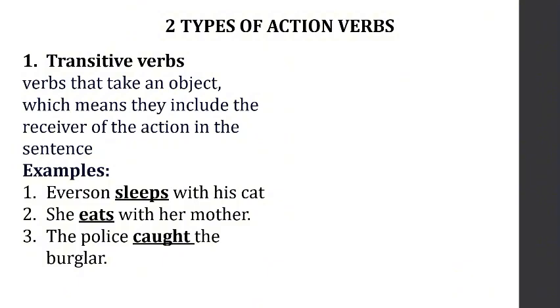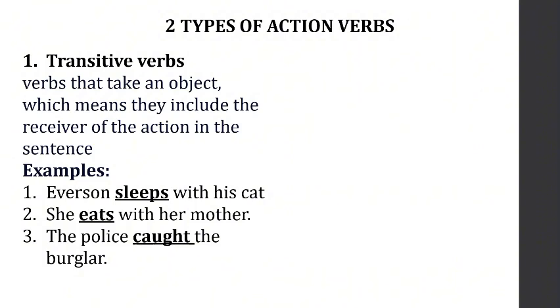Transitive action verbs are verbs that take an object, which means that they include the receiver of the action in the sentence. If you remember the discussion on the uses of nouns, transitive verbs are action verbs used in sentences that contain a direct object.